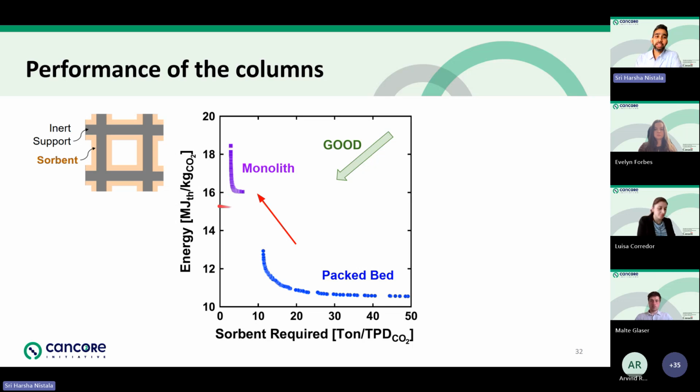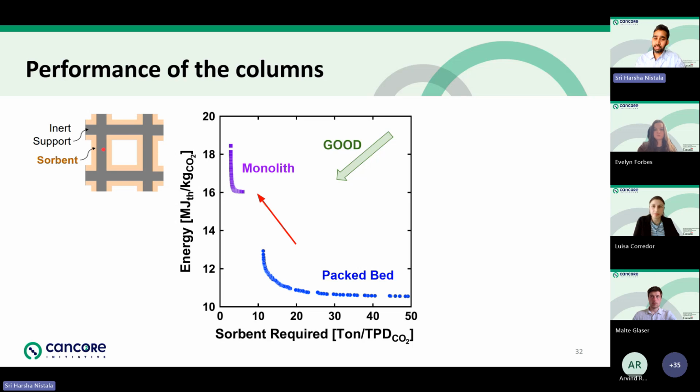And the reason for this is the inactive walls that are present in the monolith. These walls do not have any capacity to capture CO2, so they just behave as an inert, and the DAC process requires that we heat them to take the CO2 out. So there is an energy penalty of using monoliths which have inert walls.